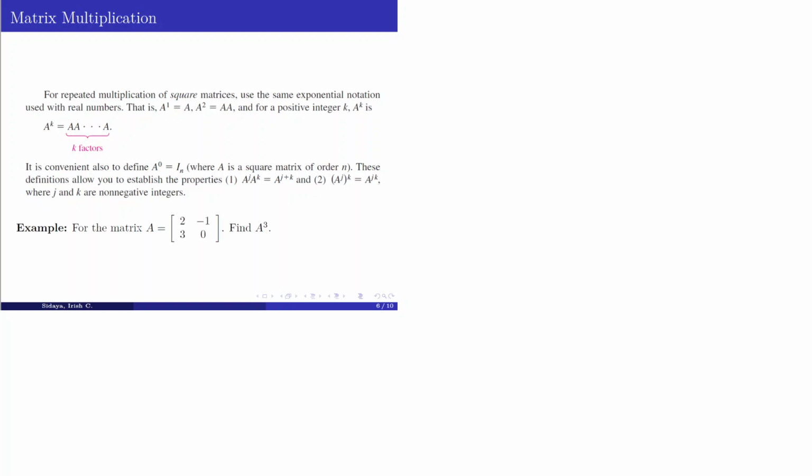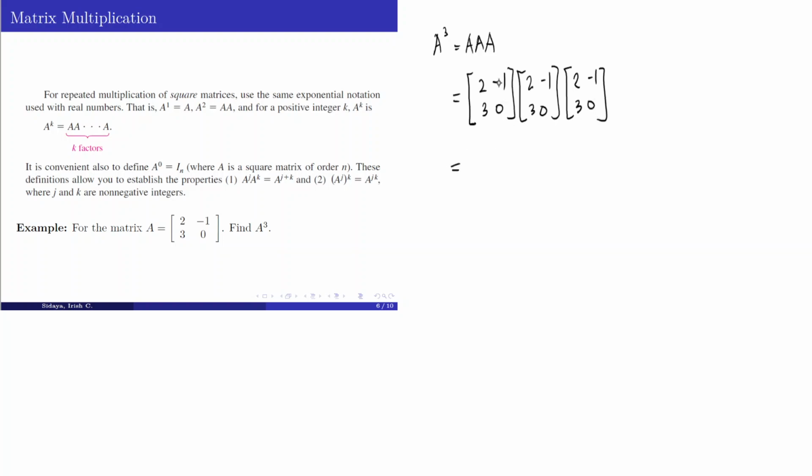For example, for this given matrix A, let us find A cubed. That means we want to get A times A times A. We have A cubed equals A times A times A. So this is equal to, our A is 2, negative 1, 3, 0, multiplied by itself, and then multiplied by 2, negative 1, 3, 0. Okay, so let us solve this first.